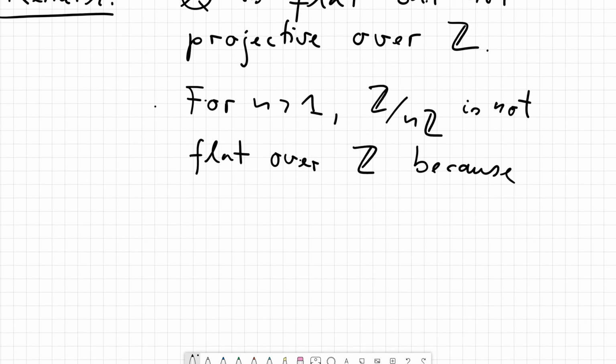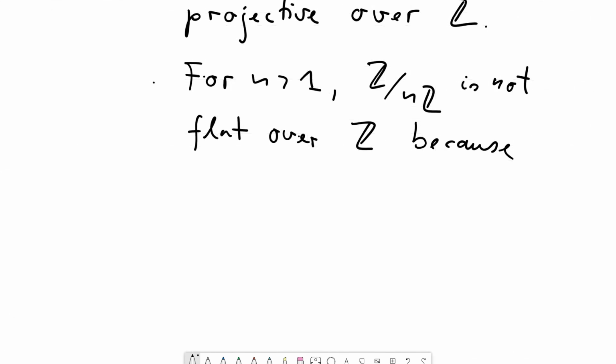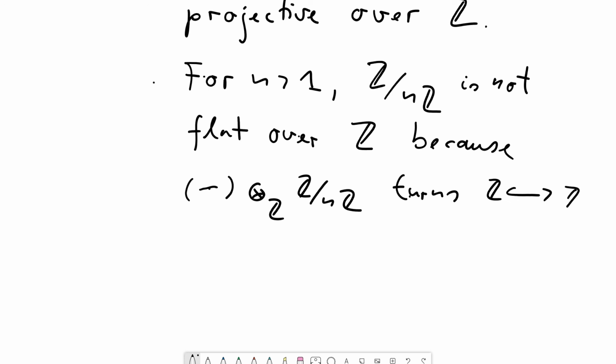And you can already guess which one this is going to be. Because this functor, blank tensor Z mod nZ, turns the multiplication by n. So this is definitely an injective homomorphism. I multiply every integral number by an integer n.